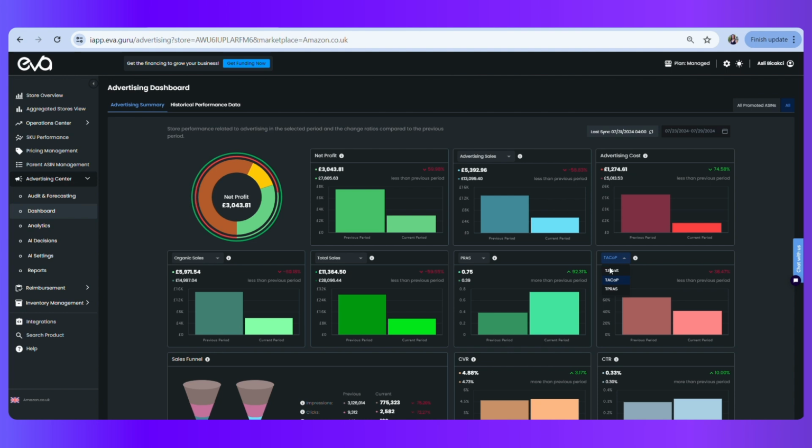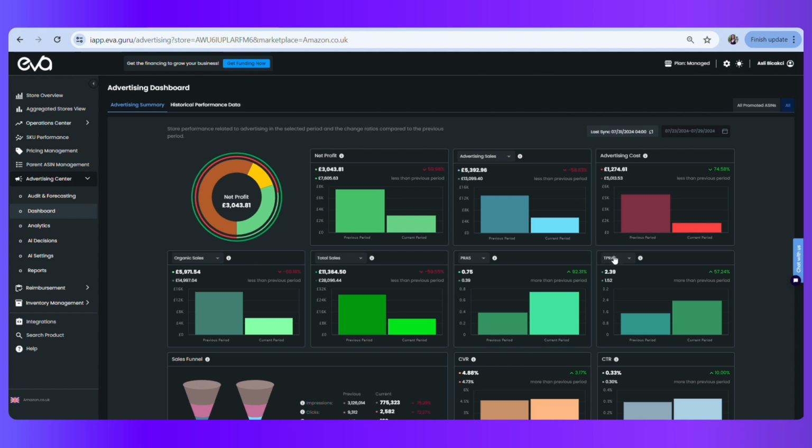And the other metric is TPROS. TPROS stands for total profit return on ad spend, and it's calculated by total profit divided by ad spend. As you can see, in the PROS metric, the customer spends $1 to get 75 cents from the advertising sales.